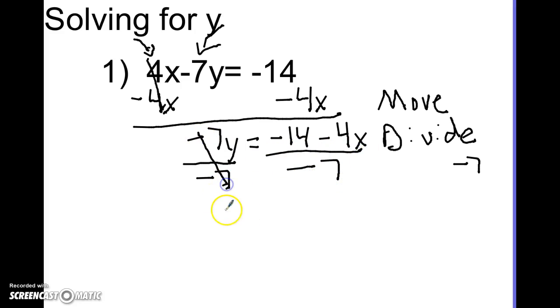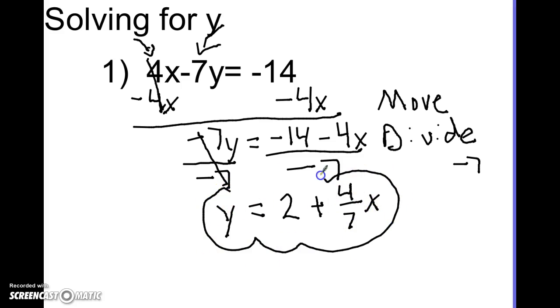That gets rid of the 7, and now we have just the y isolated on the left, and negative 14 divided by negative 7 on the right is 2. Negative 4 divided by negative 7 on the right is positive 4 sevenths, since we can't divide 4 by 7. And that's the solution for number 1 on tonight's homework.